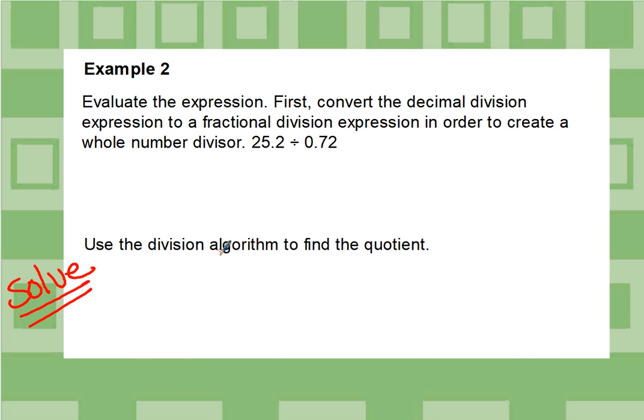The division algorithm just means we're going to have our division house and actually do it. All right, let's take a look. We need to write it as a fraction. So 25 and 2/10 and 72 hundredths. We have to go to our largest place value, which is hundredths.